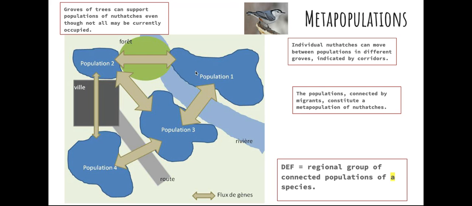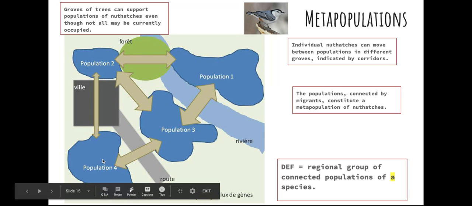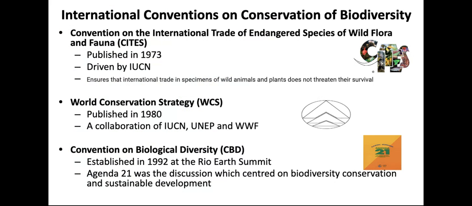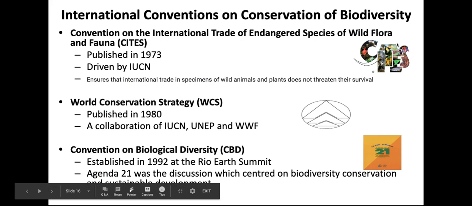Just a specific group might move to the next area. And that doesn't mean that these same individuals are moving to the next area, but it might be a different set of individuals that are moving to the next area, and so on. So that's a metapopulation.